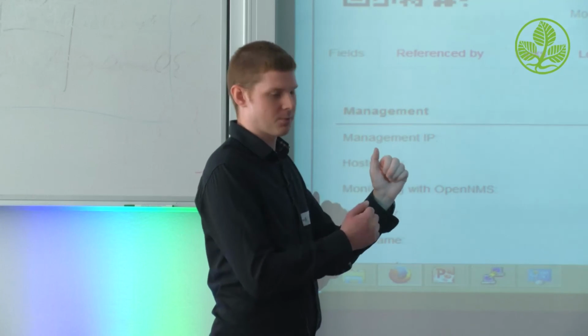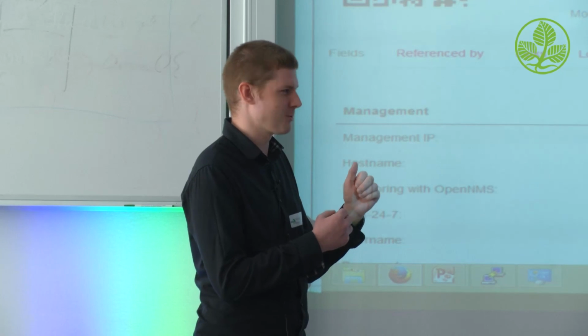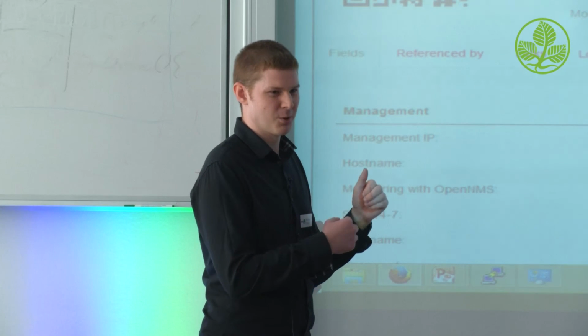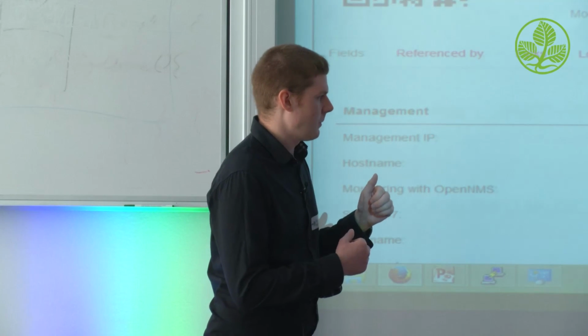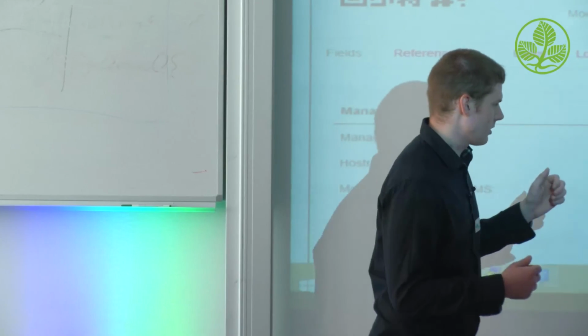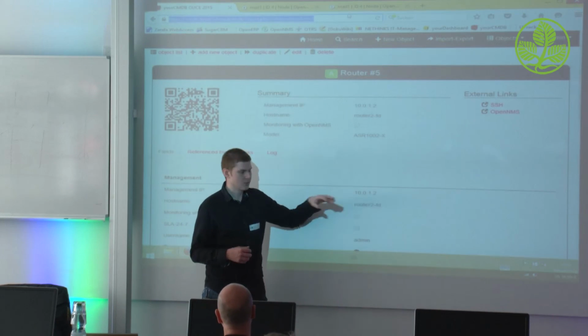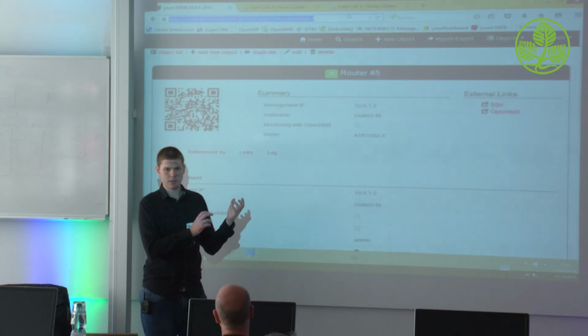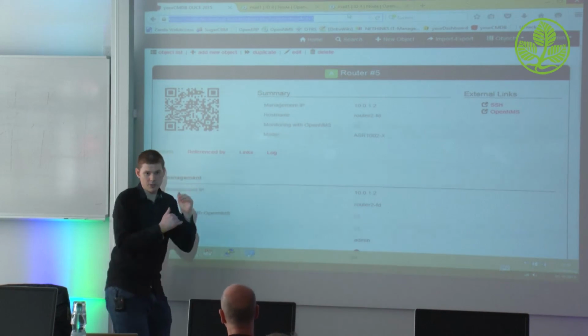If I export it to OpenNMS, I run into an error if I create the same node with the same IP addresses. So I check it. You can also add multiple IP addresses here, and export it to OpenNMS, which creates a node with multiple IP interfaces.